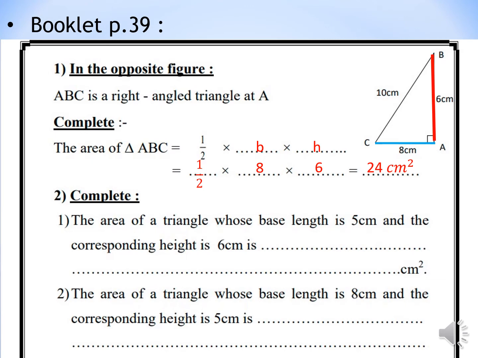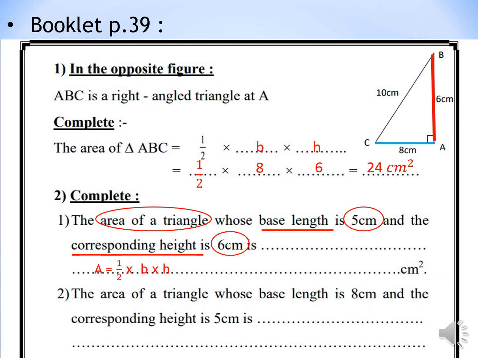Number 2. Complete. The area of the triangle whose base length is 5 centimeter and the corresponding height is 6 centimeter is. So here I want the area of the triangle. The base length is 5 centimeter and the height is 6 centimeter. The area of the triangle equal half times base times height.